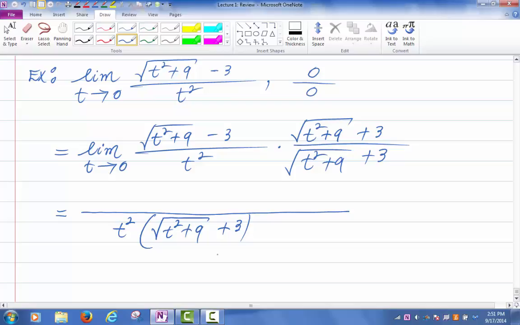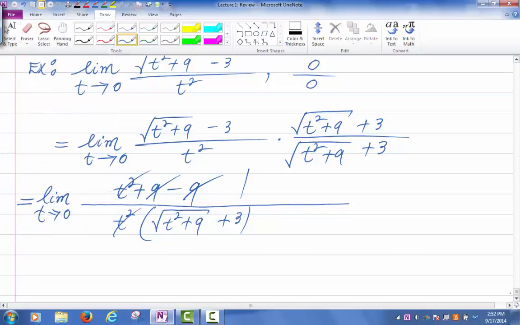Now, what happens when you multiply out the numerators? You're going to use FOIL. Since I don't have time, you're going to get t squared plus 9 minus 9. And that's going to get rid of the 9s. Once you get rid of the 9s, you can also get rid of what? T squared, and we're going to end up with a 1.